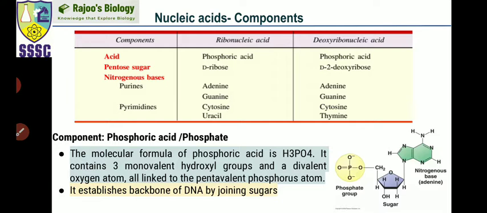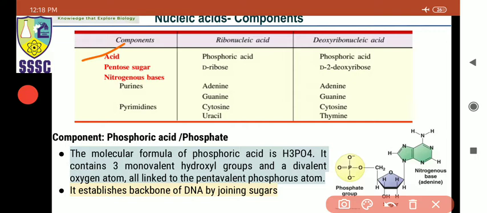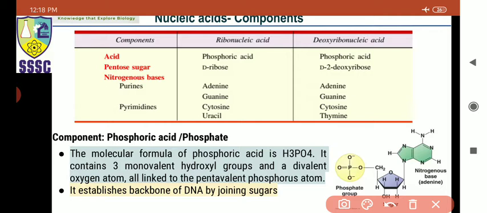Now we see the three things: phosphate, sugar, and nitrogen bases. First, in RNA and in DNA, both have a similar phosphate. The phosphate is the same for both. What is the difference between DNA and RNA? Here is the sugar.